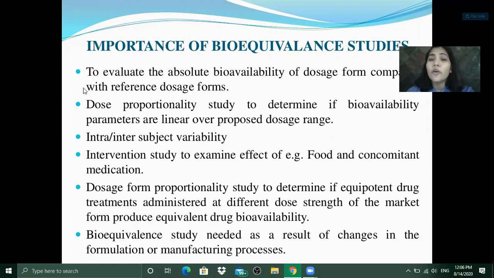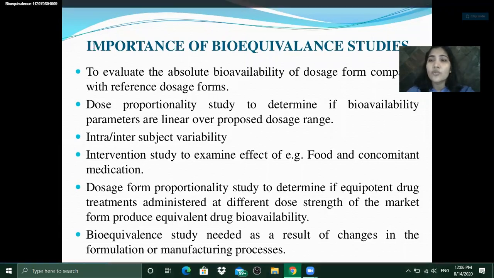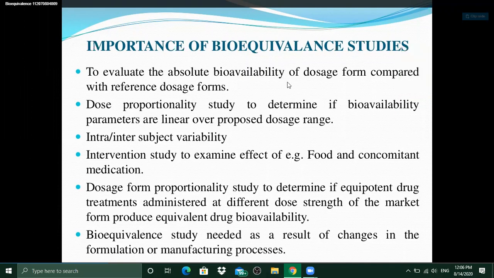Okay. The importance of bioequivalence studies is to evaluate the absolute bioavailability of the dosage form compared with the reference dosage. So to evaluate the absolute bioavailability, what do you mean by absolute bioavailability? It is a type of bioavailability that we all know.